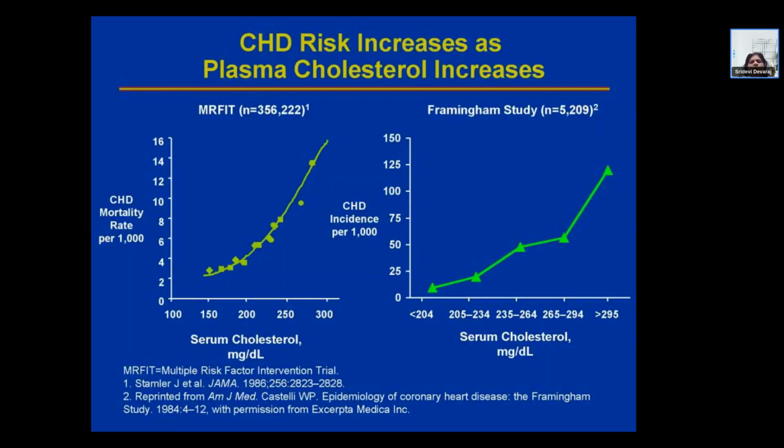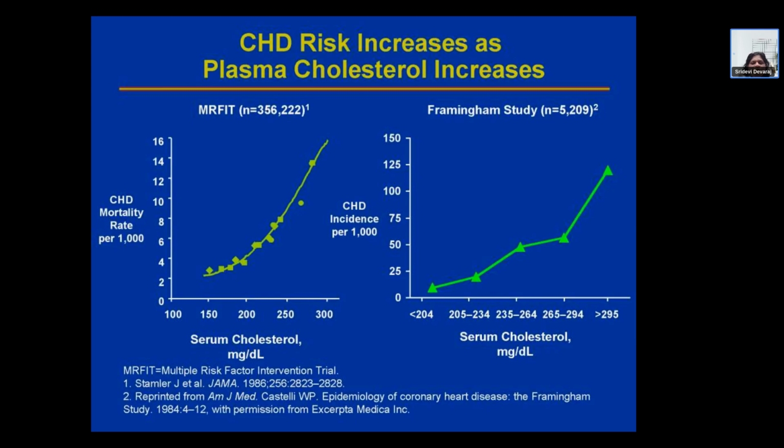And we all know from a long, long time ago, from even as early as the 1980s, that coronary artery disease risk increases as plasma cholesterol increases. We got this from huge population studies like the MRFIT study, where the mortality rate as well as the incidence increases when your serum cholesterol increases.